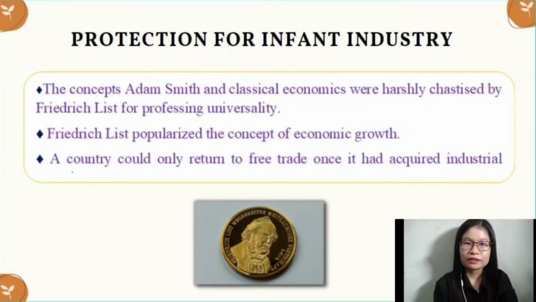Next, he popularized the concept of economic growth. Besides that, he also advocated for the government to actively support people who wanted to go from a lower to a higher level to compete with more advanced nations. Lastly, a country could only return to free trade once it had acquired industrial maturity.